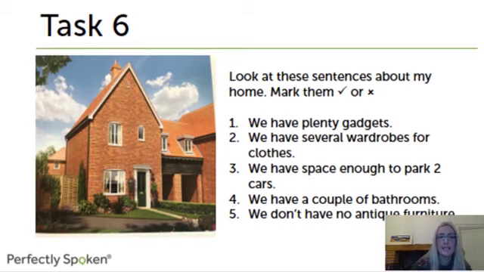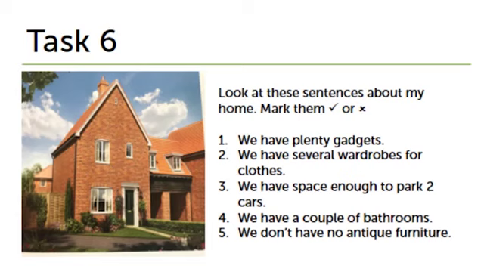Okay, let's look at the final task, number 6. Look at these sentences about my home, and mark them with a tick if they are correct grammatically, and a cross if you think there is an error of grammar in there. Number 1, we have plenty gadgets. Number 2, we have several wardrobes for clothes.